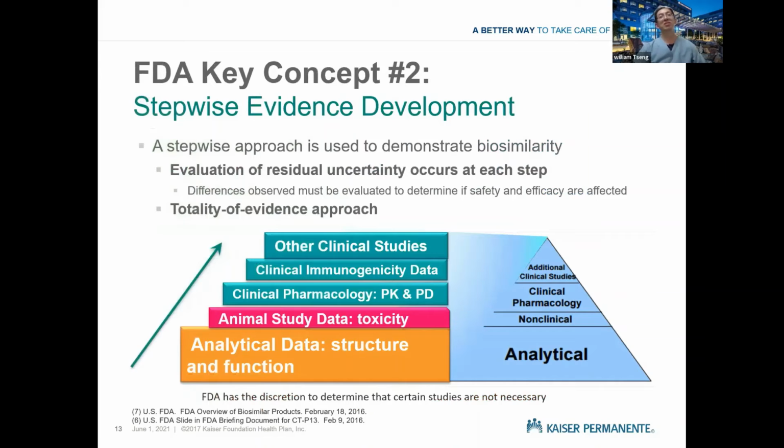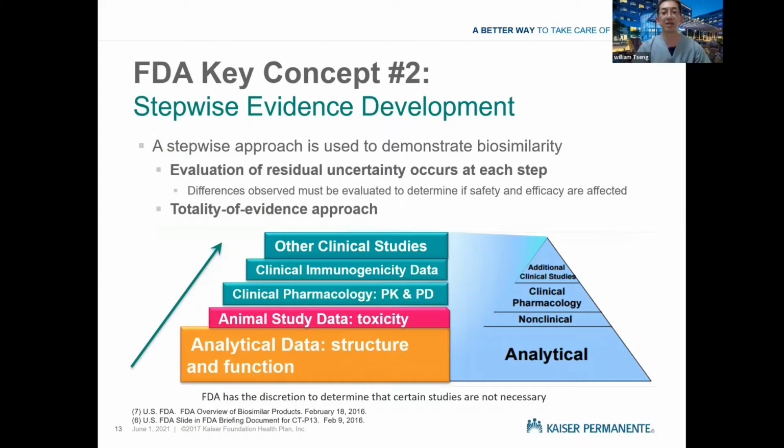So concept number 2 from the FDA is to take a stepwise approach. When you're doing the studies to develop a biosimilar medication, you base your next step on what came beforehand.